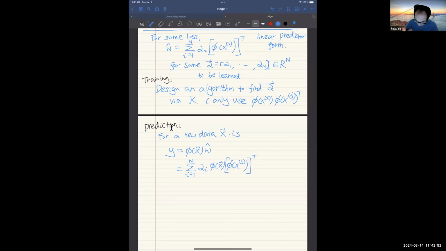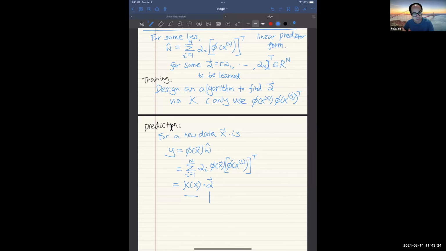This can be written as K of x, which is a vector, inner product with alpha. I choose alpha to be a column, so I don't need to transpose it. So this is a row, this is a column.